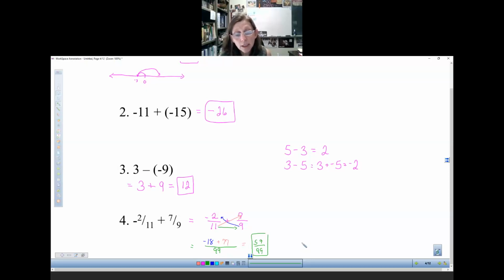Some of your calculators will do fractions. And if you're not sure how to get your calculator to do a fraction, if you want to jump on a WebEx session with me sometime, we can look at it together. But sometimes your calculators do fractions and they leave the answer as a decimal, and you're going to want to be able to turn it back into a fraction.